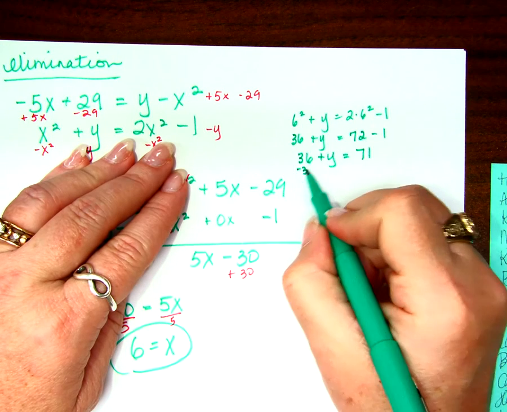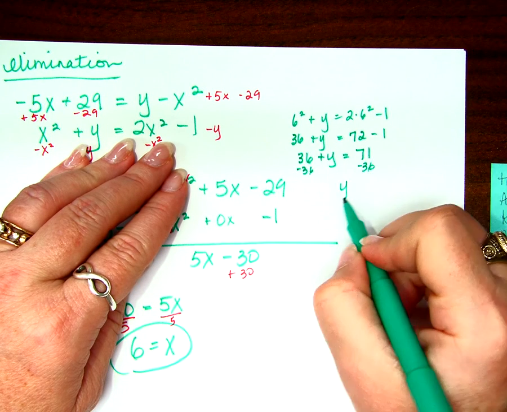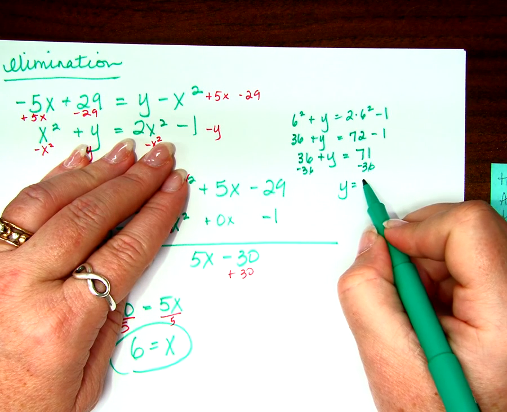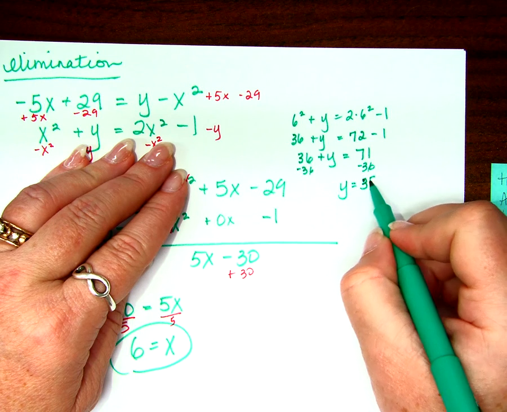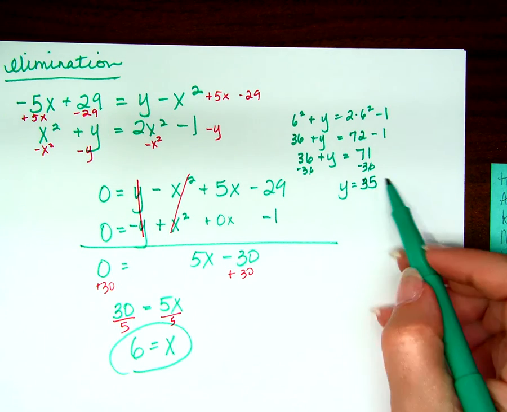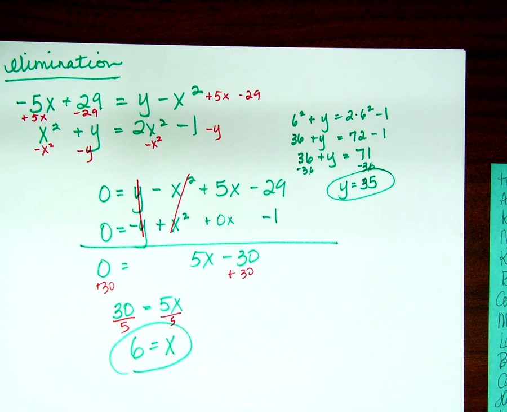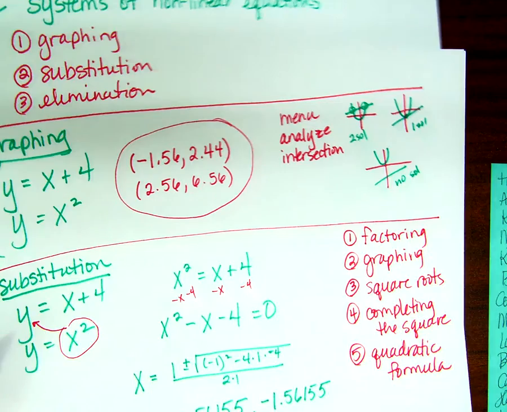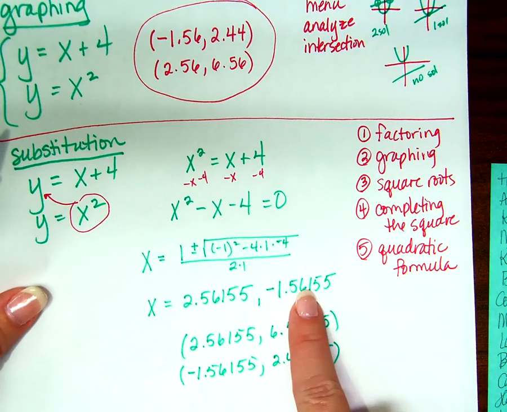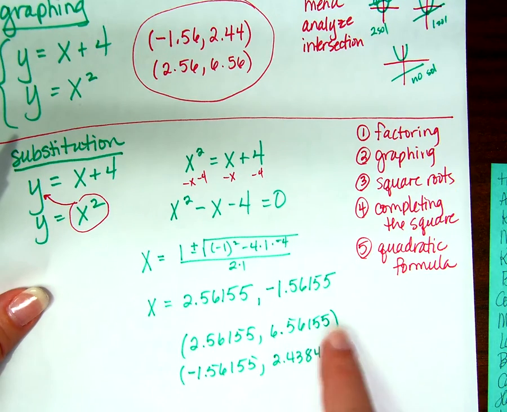I want to subtract 36 from both sides. Y equals 35. Now I'm done, right? What? Do I need to? So what's confusing about this is on this one right here, we found x was this and x was this, so we had to plug them both in to get the other y's, right?